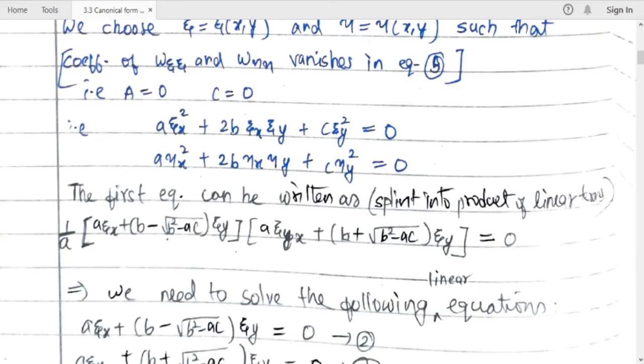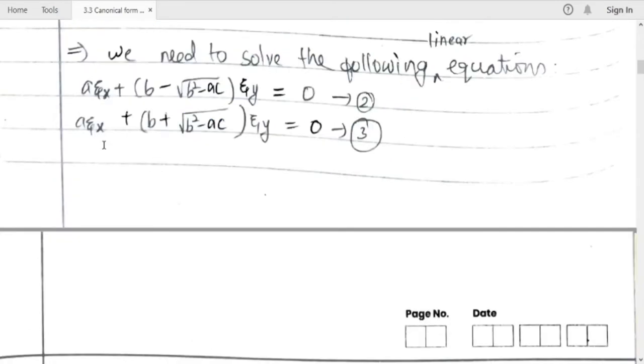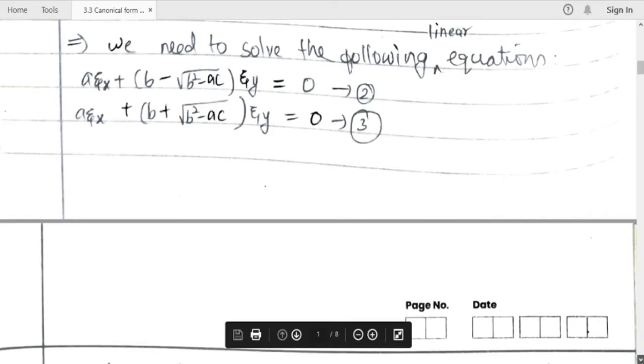So one is A theta x plus B minus root of B square minus AC whole into theta y equal to 0. And another is A theta x plus B plus root of B square minus AC whole into theta y equal to 0. Now we choose theta to be the solution of equation 3 and eta to be the solution of equation 2.